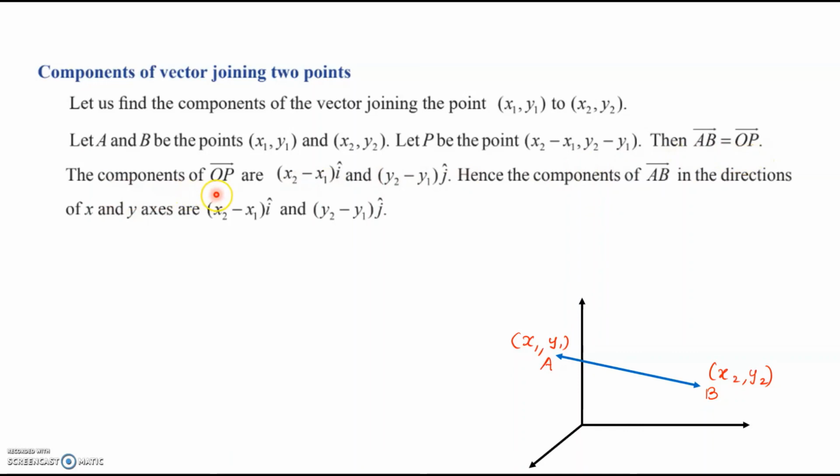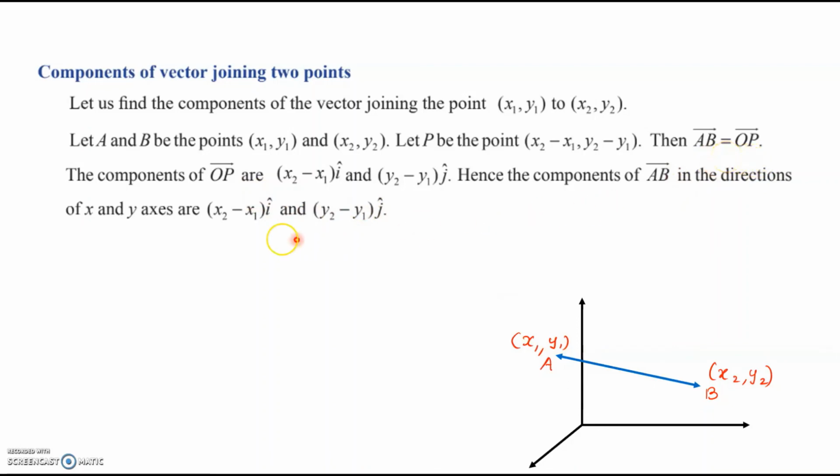And the components of this OP vector are x2 minus x1 i cap and y2 minus y1 j cap. Hence, the components of AB in the directions of x and y axis are the same as the OP vector, because we defined them parallel and they're equal in length.